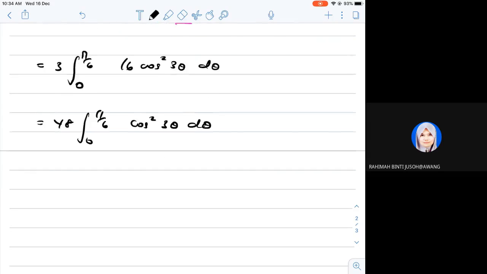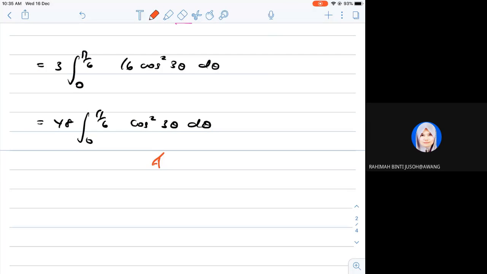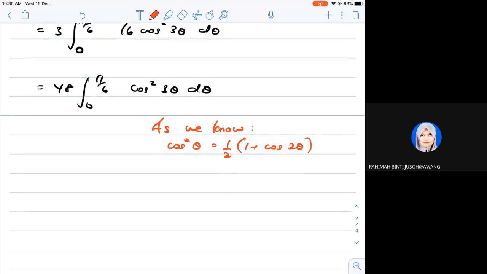Okay guys, now we will need to use the double angle formula. As we know, cos squared theta equals to 1 over 2 times (1 plus cos 2 theta). If we have cos squared theta, we will have cos 2 theta.